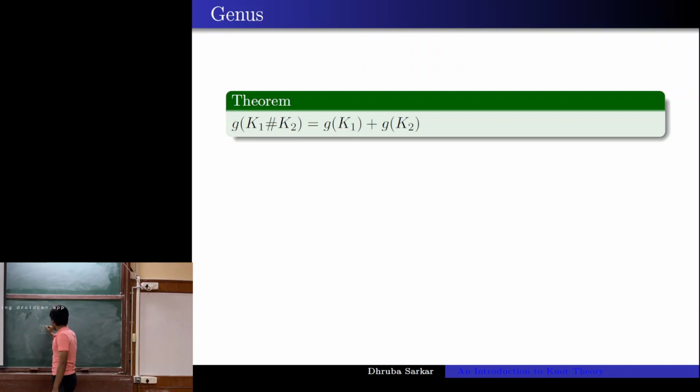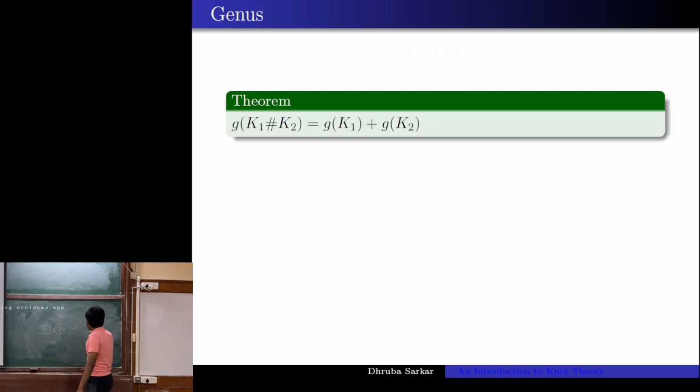Let's say you have something like this: this is your S1, this is your K1, this is your S2, and let's say you join them along these two arcs.